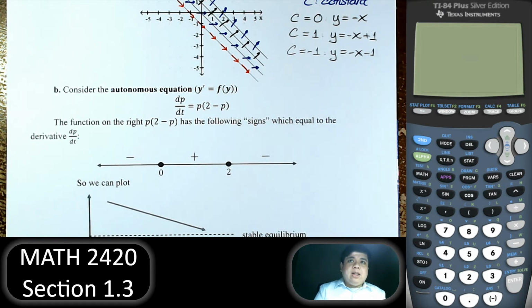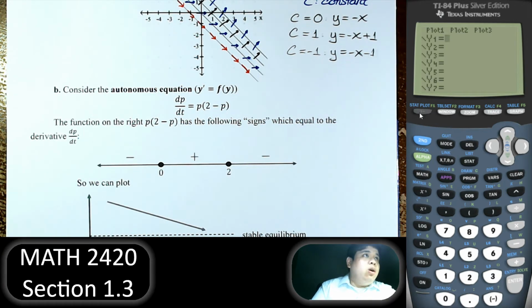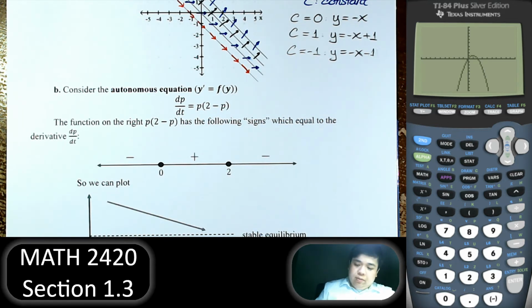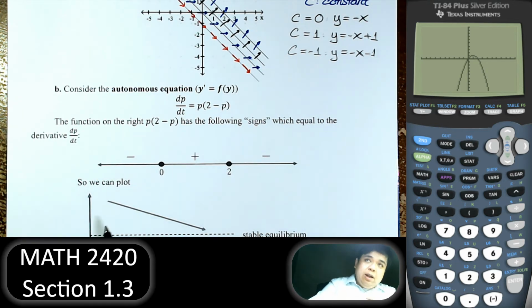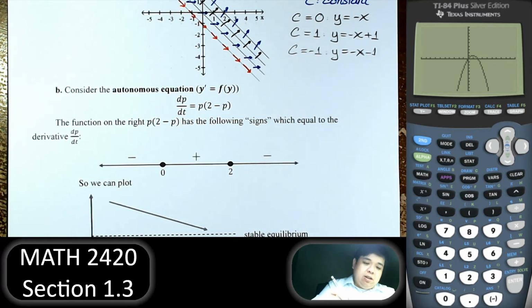So how do we know that? Right, very simple. Just graph it. Let's just graph the function y equal to, let's say, y times 2 minus y.